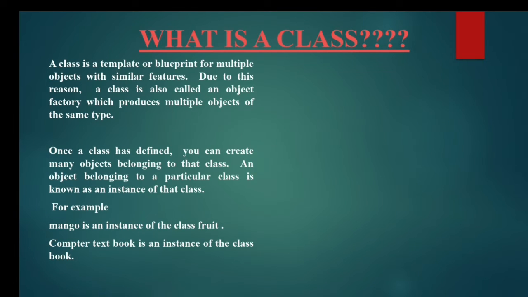Computer textbook is an instance of the class book. We have so many books, but each book has its own identity. For example, computer book is an object of the class books. And the next one is, lion is an instance of the class animal. So many animals are there, but the basic class is animal and its object is lion.